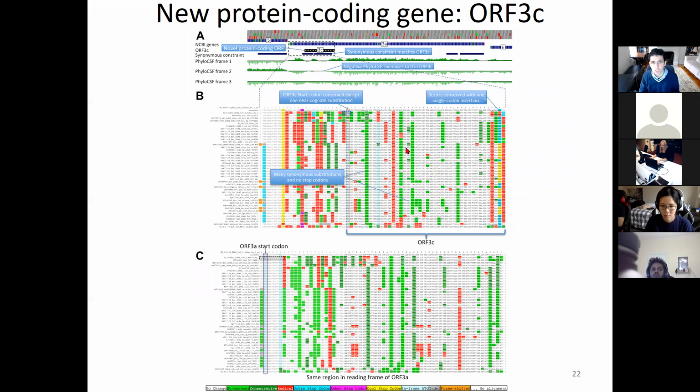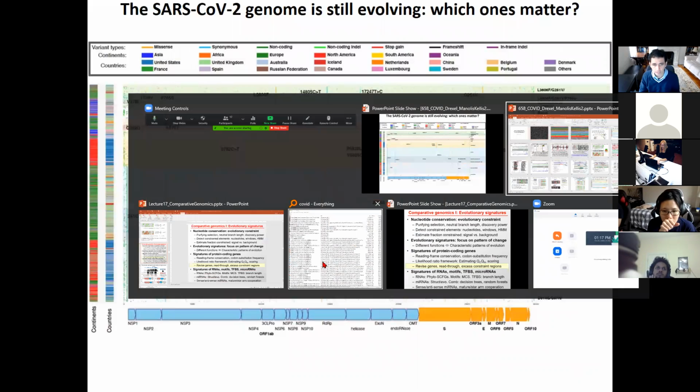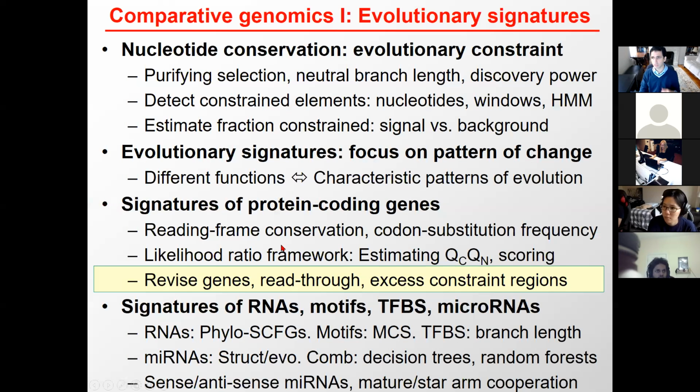And you can also discover a new protein coding gene within another protein. So using these signatures, we can see that ORF3a has another overlapping ORF within it, ORF3c, that actually encodes another protein. So these evolutionary signatures that we've used to understand the fly genome, the yeast genome, the human genome have also been very helpful in revising the gene content of the SARS-CoV-2 genome.